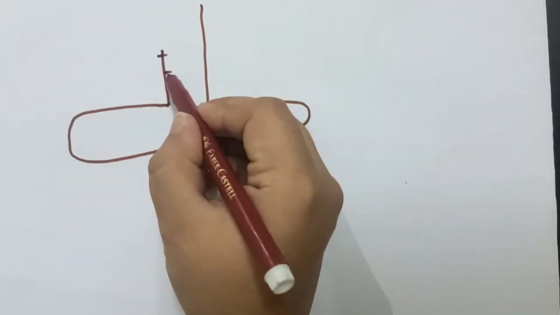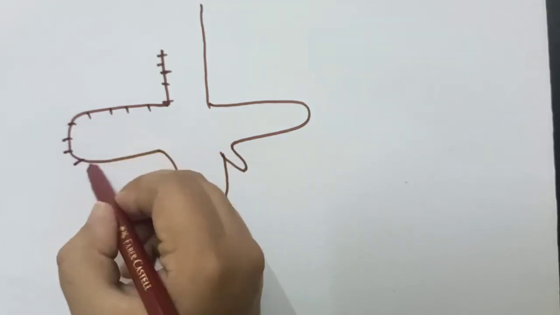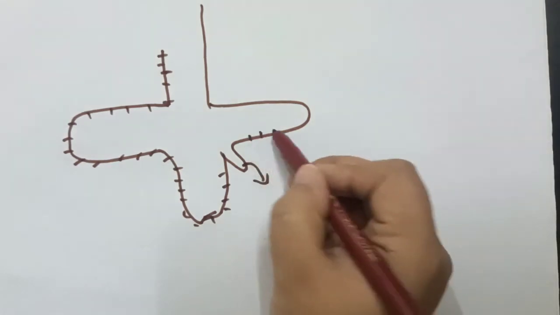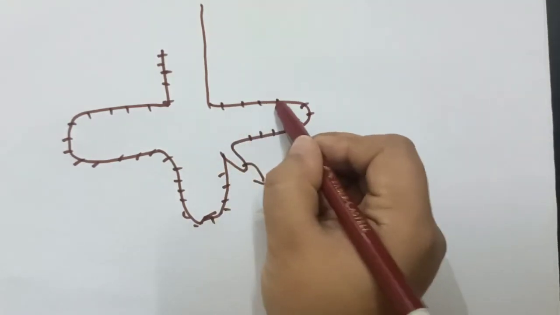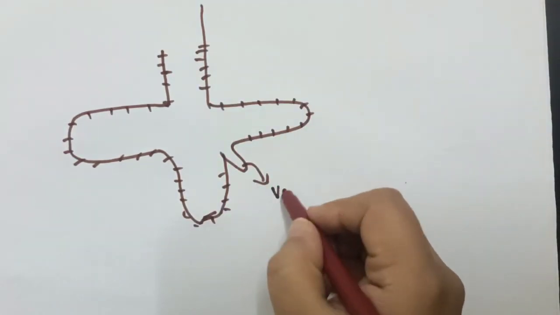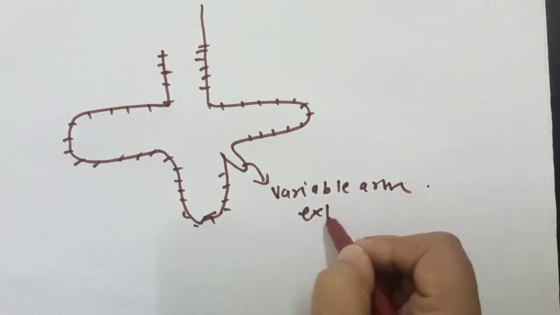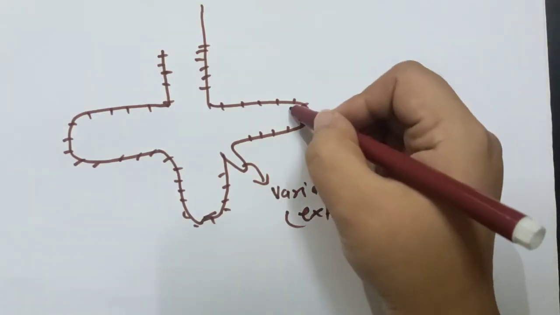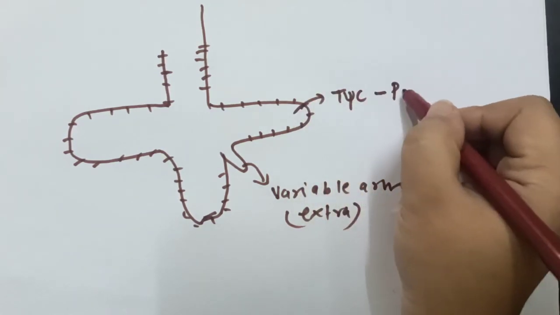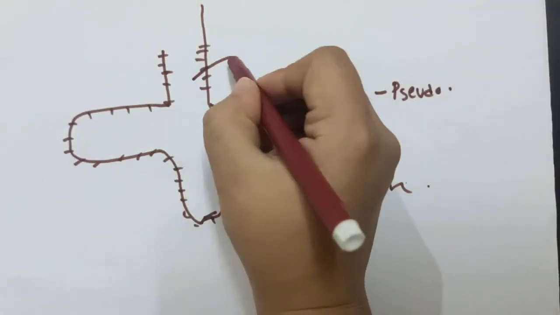Here these are the base sequences present. This is the extra arm or variable arm. This is the T-Psi-C arm, or you can say the pseudouridine arm. Now this is the acceptor arm.